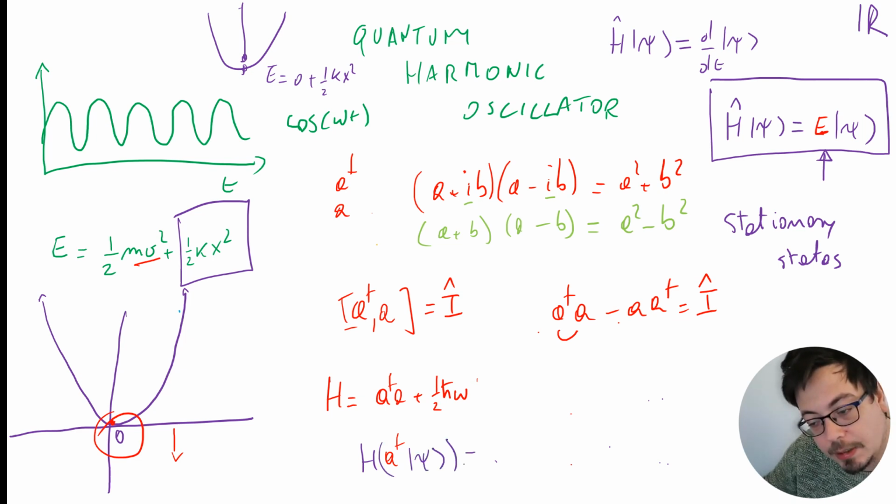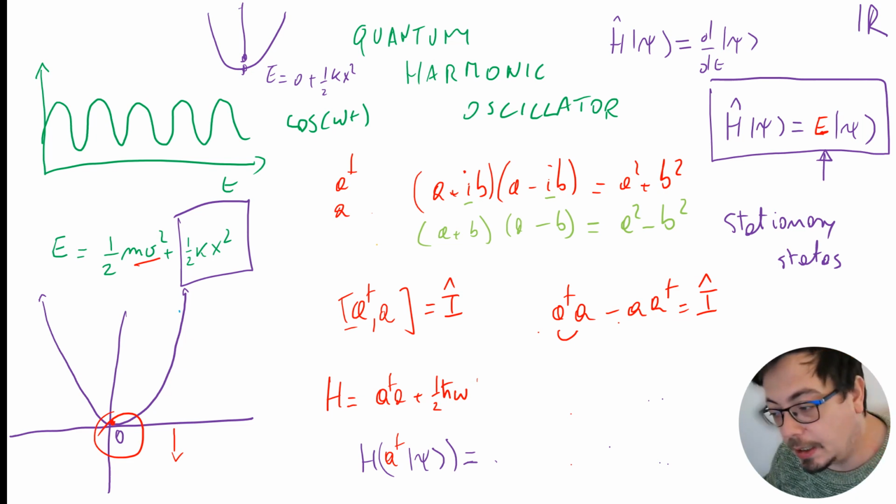What happened to this state? First of all, we are applying the operator a dagger to the state, to see what it does to whatever state we decide. A state psi is whatever condition our system is in. For example, we have the pendulum. In this case, it's a particle in a harmonic potential.